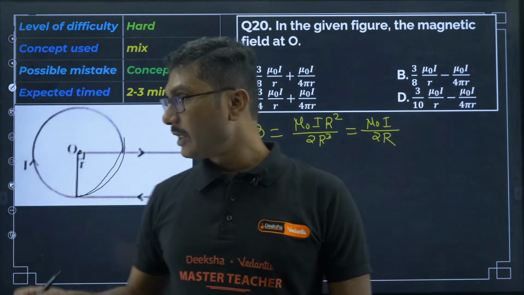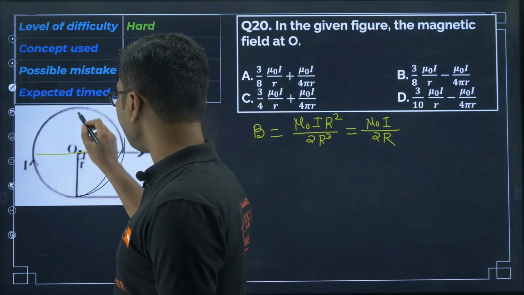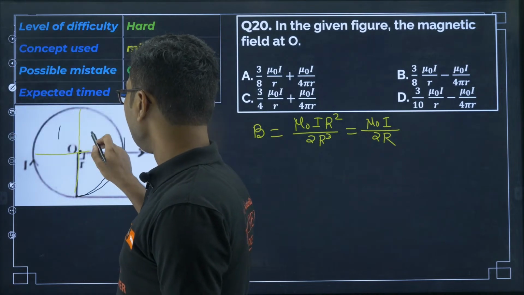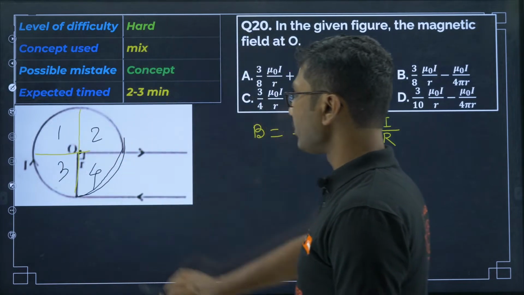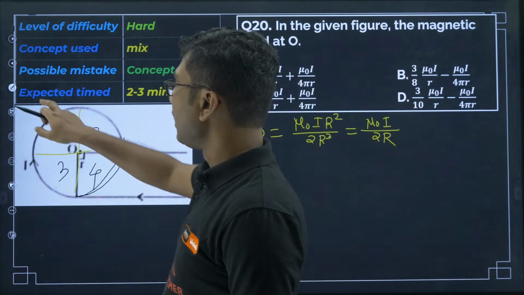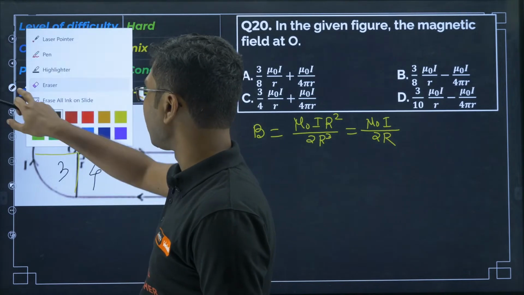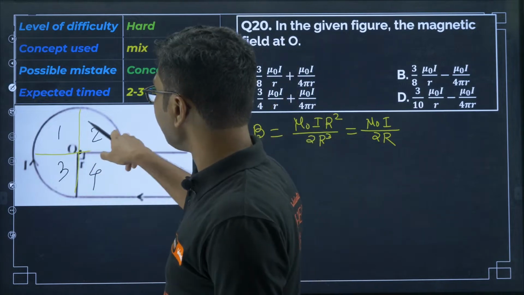Now, loop is complete means how many portions can you consider here? You can consider 1, 2, 3 and 4. So, 4 quarter parts of the circle are there. Unfortunately, we do not have the 4th part. So, what is the contribution due to this circular part?